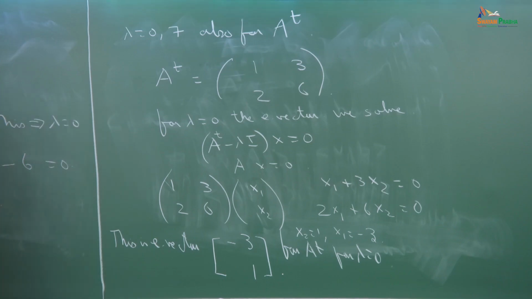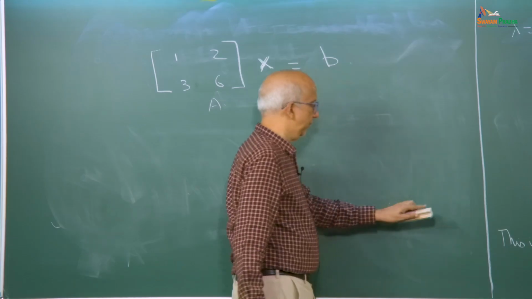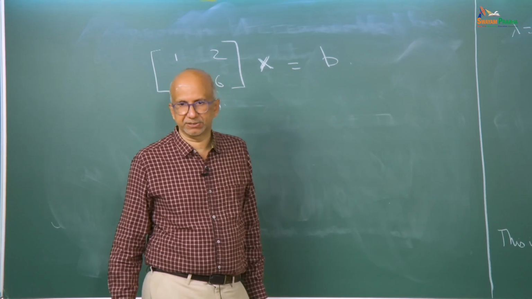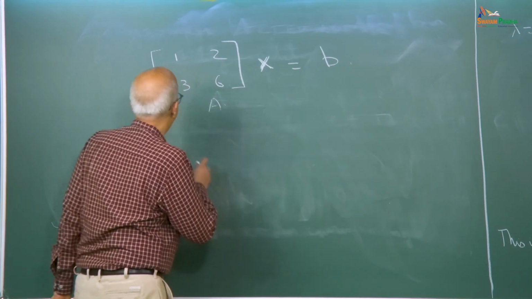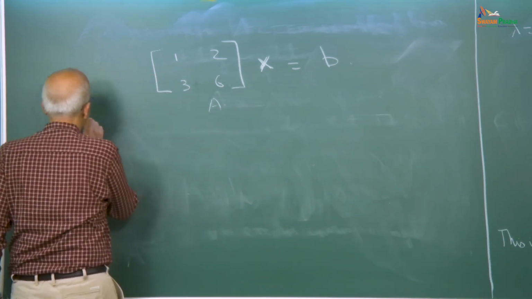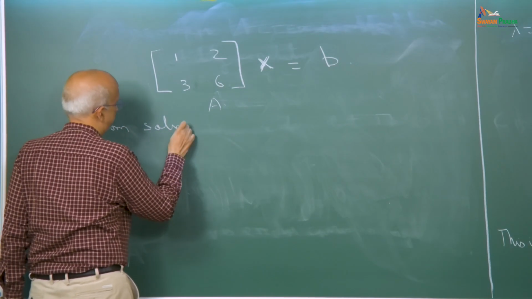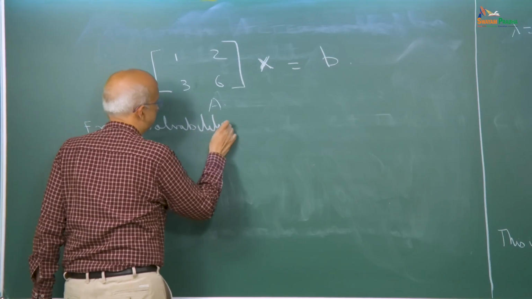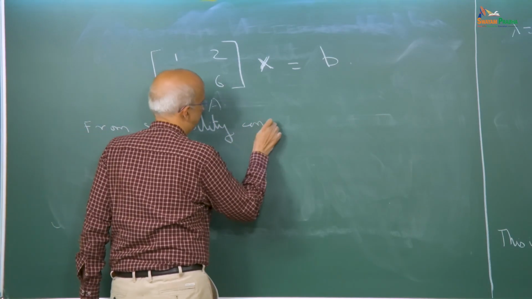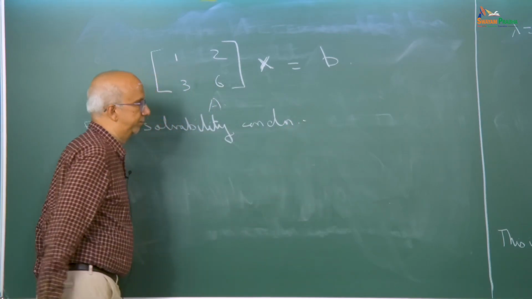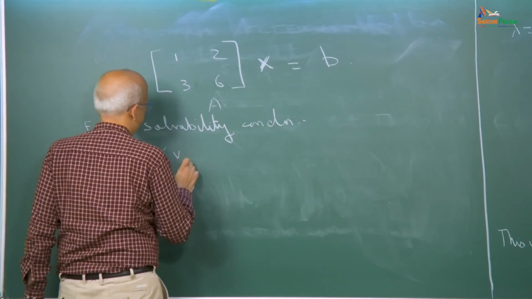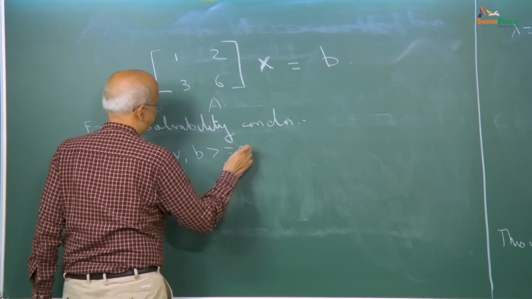Now, what does the solvability condition tell me? That this B has to be perpendicular to this V for a solution to exist. From the solvability condition, the inner product of V with B must be 0.